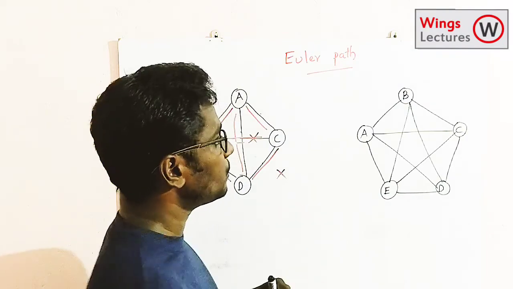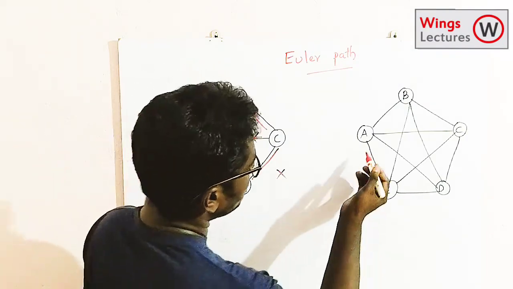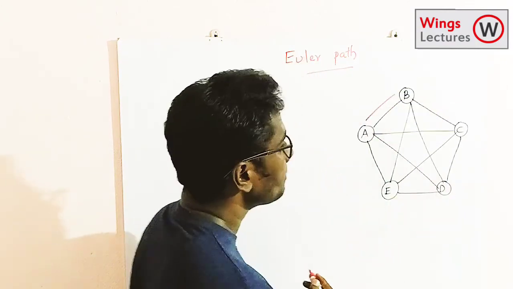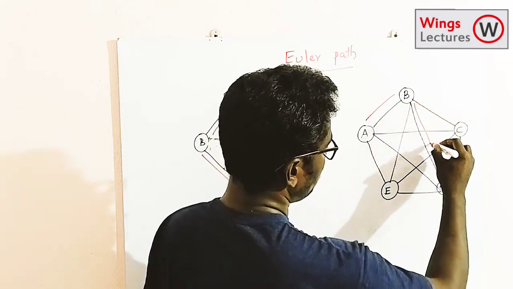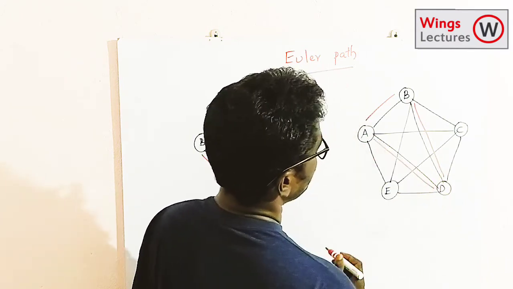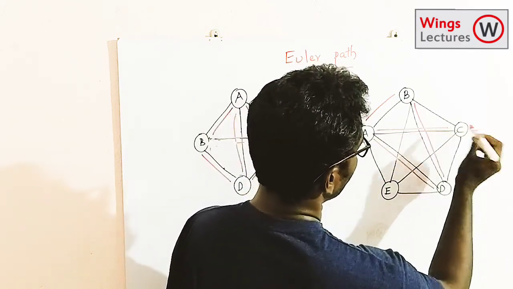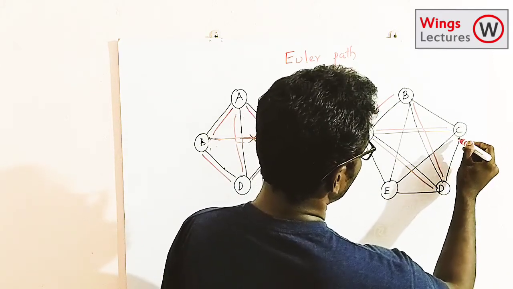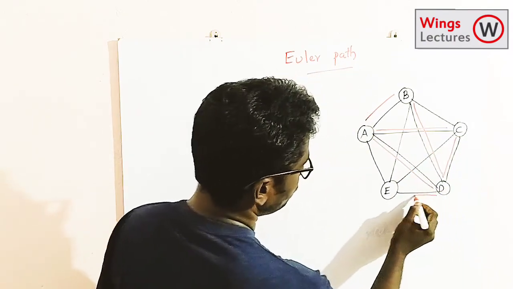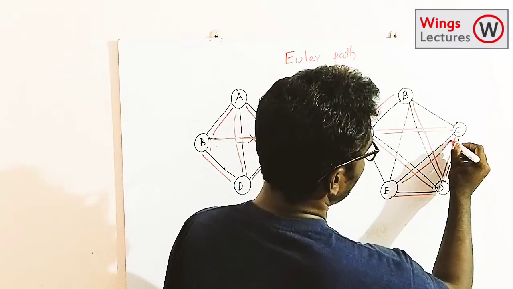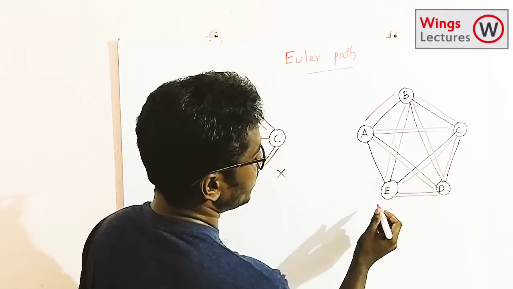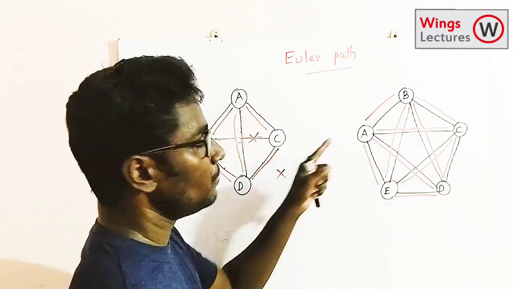You can start from any node, but I am going to start from A. So I am going to go from A to B, B to D, D to A, A to C, C to D, D to E, E to C again, then C to B, B to E, and finally E to A.